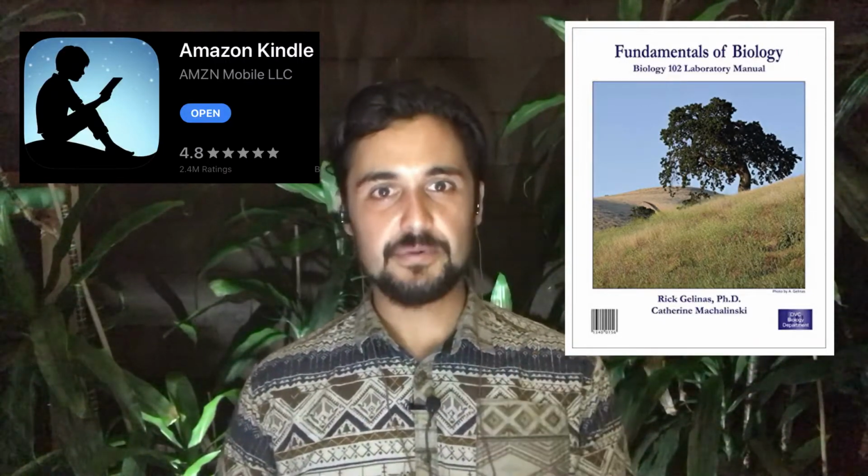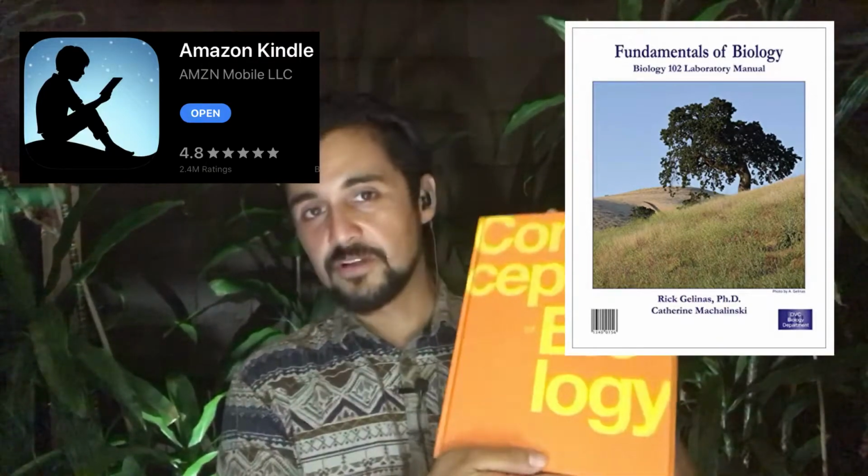The lab manual is available this way as an ebook through Kindle, and the textbook is also available that way. The textbook version is free, of course. The lab manual is $9.99, so it's going to be about 10 bucks for the lab manual. If you happen to have access to a physical copy from last semester, that should work too.